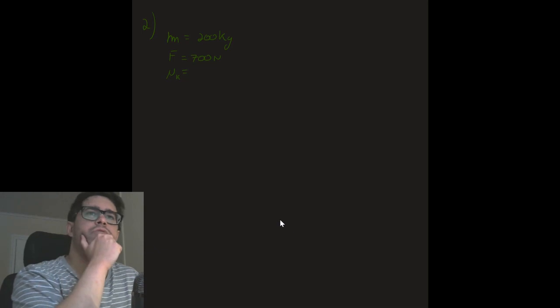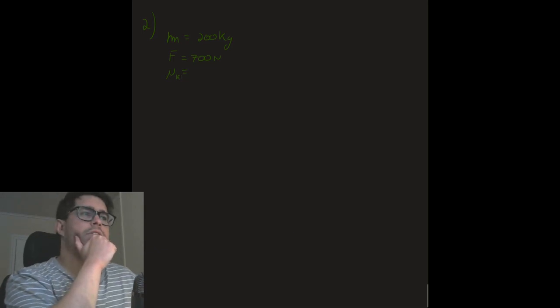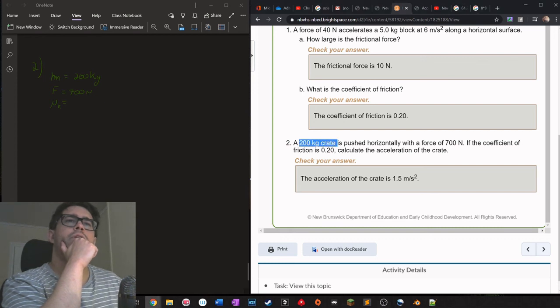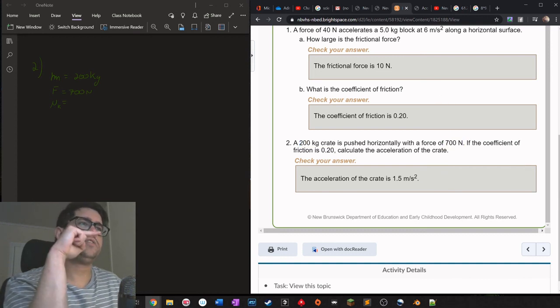I'm just taking the information. 200 kilogram crate pushed horizontally. A force of 700 Newton, we'll take the positive 700 Newton, push it that way, horizontally. If the coefficient of friction is 0.2, what is the acceleration?